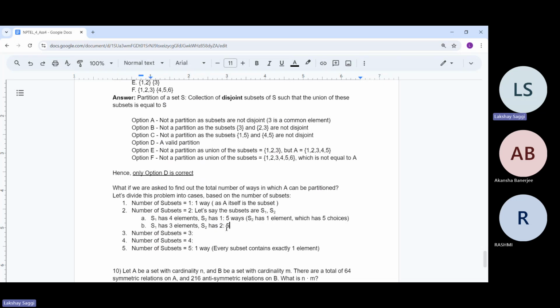So this will be 5C2 ways, because there are 5 elements and we need 2 for S2. So 5 choose 2 is 5 times (5 minus 1) by 2, which is 10. I hope this makes sense.